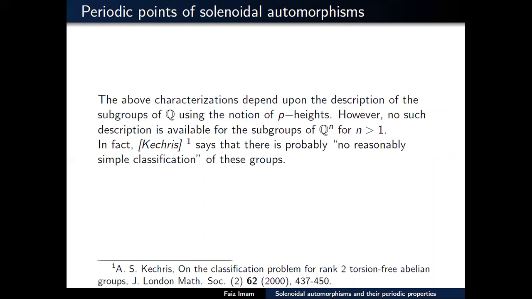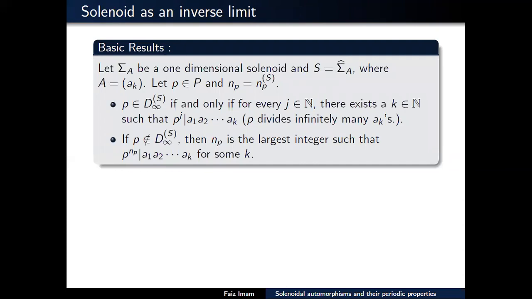I tried to find one and went through some articles, but I couldn't find any reasonable or simple way to characterize all the subgroups of Qn for n strictly greater than 1. In other words, if I had a characterization, this problem would have been complete by now.